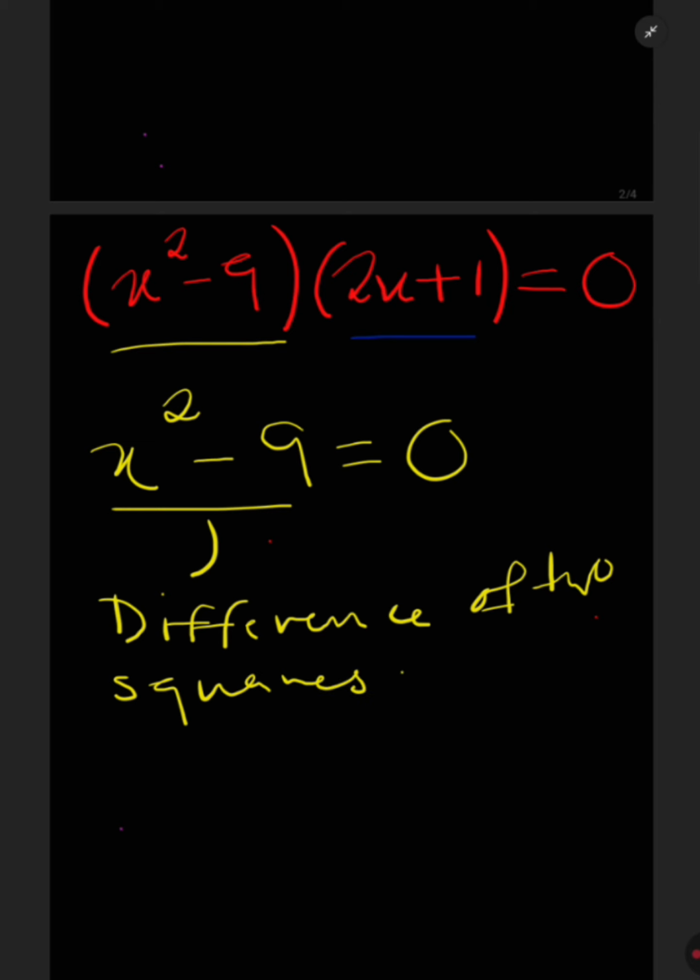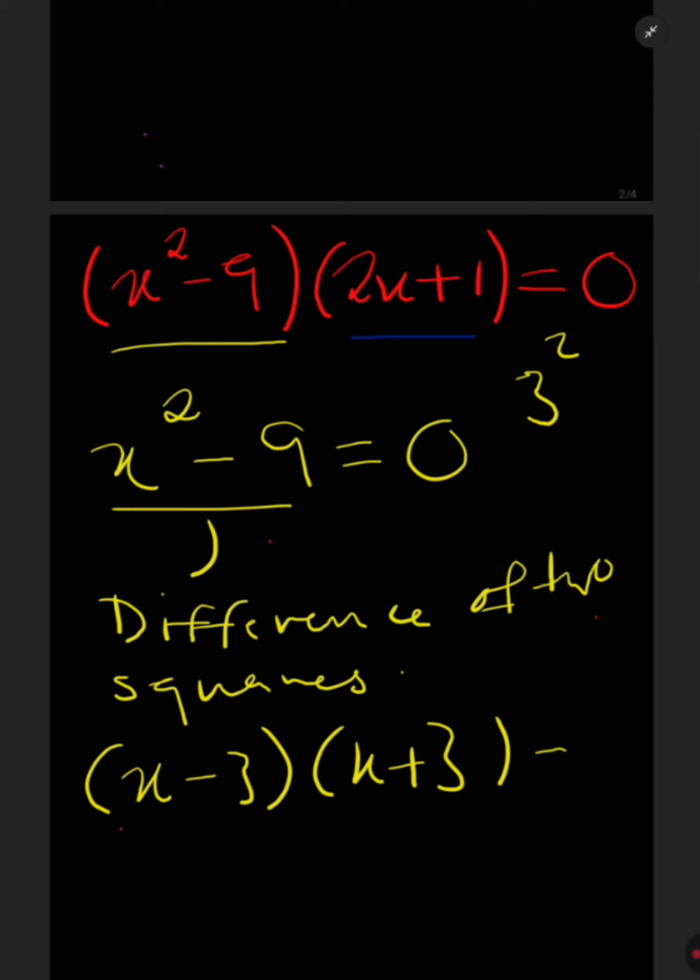So you've got to factorize it. 9 is a perfect square, which stems from 3 to the power of 2, or 3 squared. So therefore, you shall have (x minus 3)(x plus 3) equals 0.